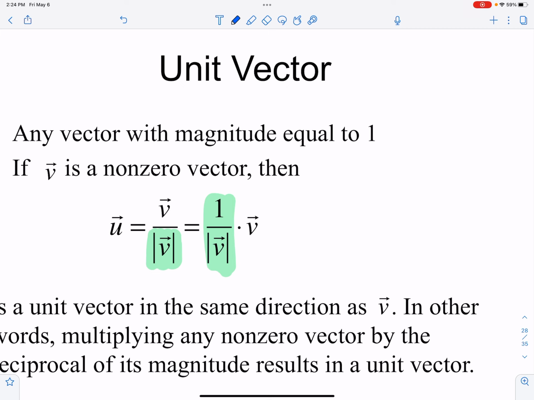So any vector that points in a certain direction, you can find the horizontal and vertical components of its unit vector. So the vector that points in the same direction but has a magnitude of 1.